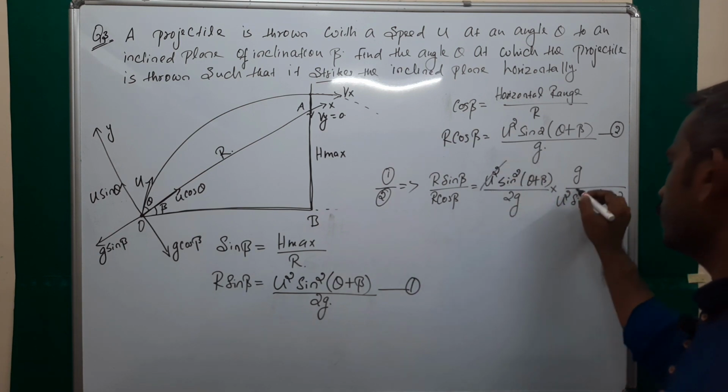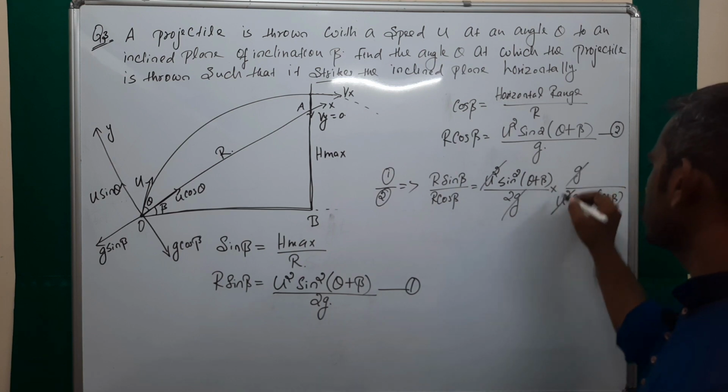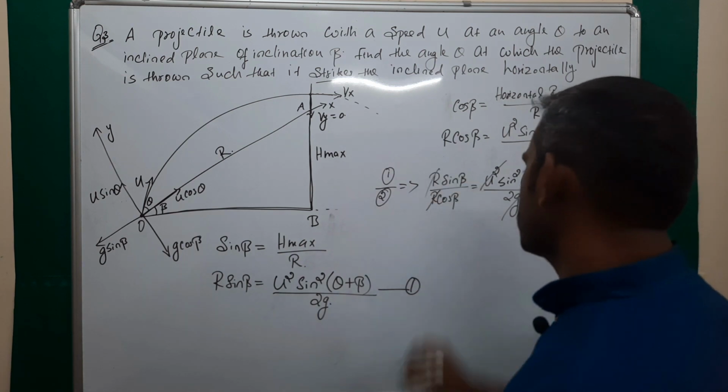So u square gets cancelled, g gets cancelled, and R gets cancelled.